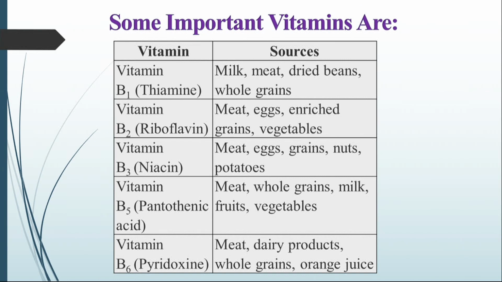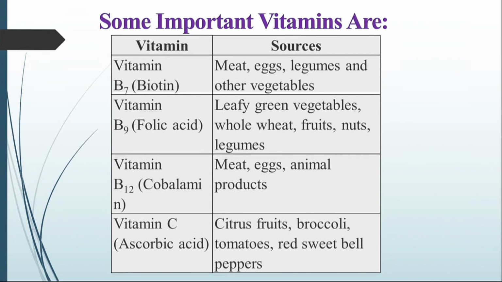Vitamin B6, pyridoxine. We get this from meat, dairy products, whole grains, and orange juice. What about vitamin B7, biotin? We get it from meat, eggs, legumes, and other vegetables. Vitamin B9, folic acid.